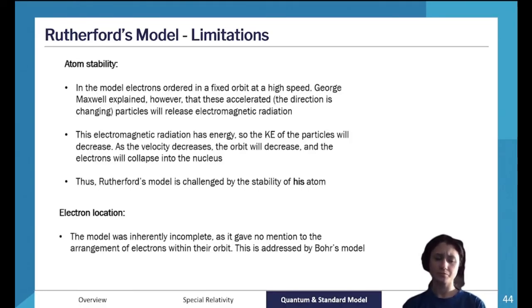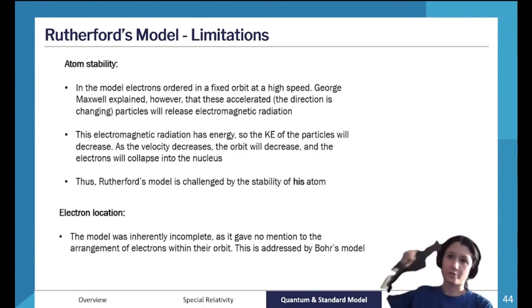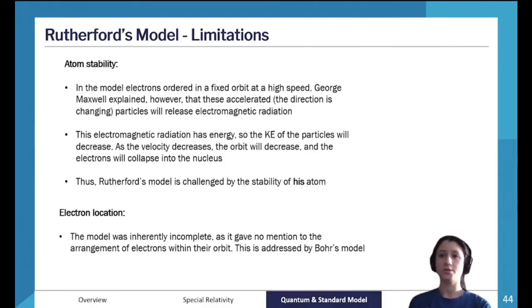Rutherford's model predicted that because the electrons could orbit at any level, they would constantly be losing energy. All right? Because they're accelerating, their direction is changing, which means they're constantly emitting EMR. They're losing energy. So that means that they're going to slow down. These electrons are going to slow down because they have less energy.